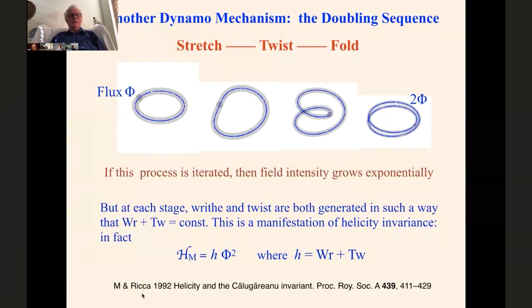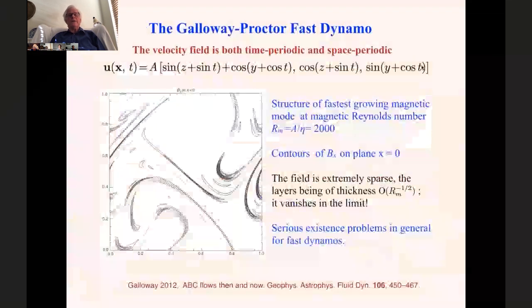This is a paper that Renzo, Rika, and I published in 1992, establishing this identity. Another great bridge between fluid mechanics on the one hand and, well, here differential geometry, but also with a topological character on the other.